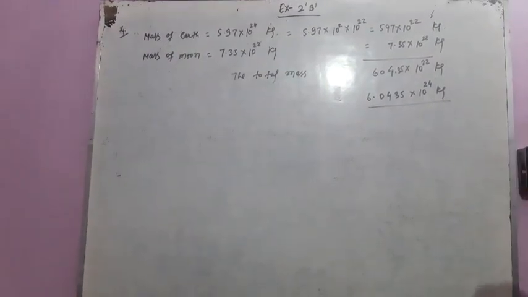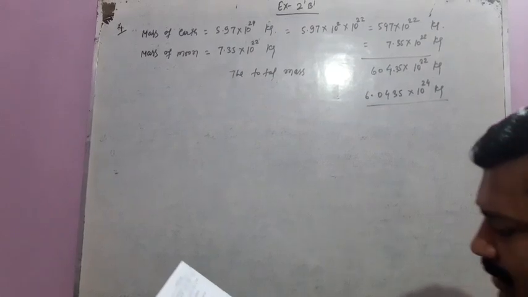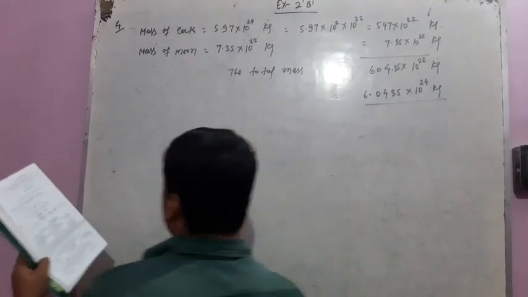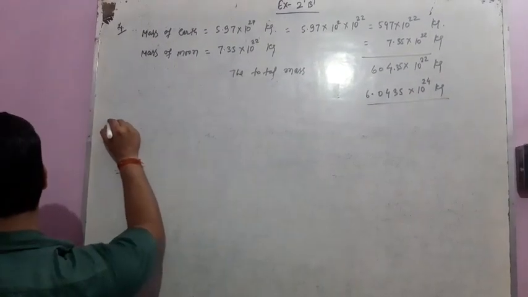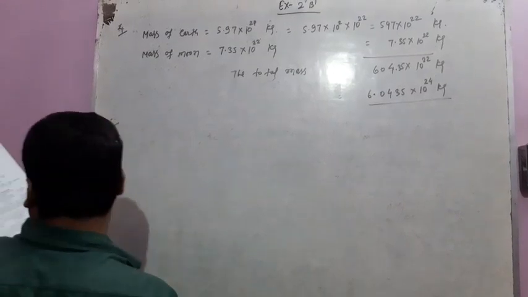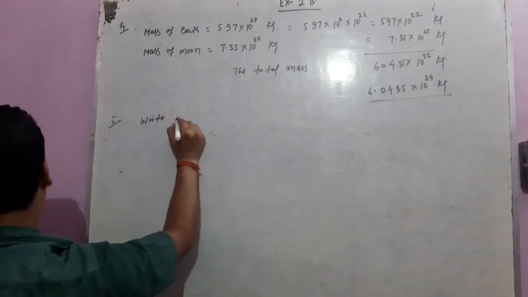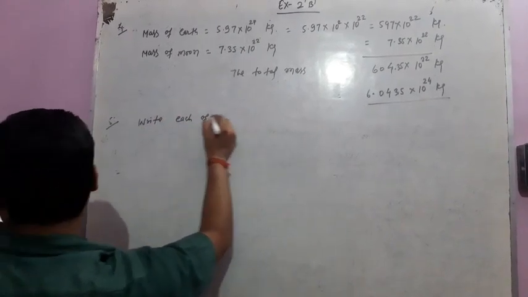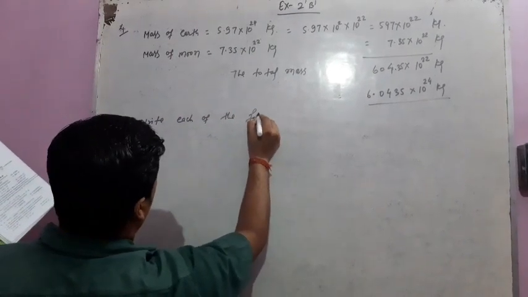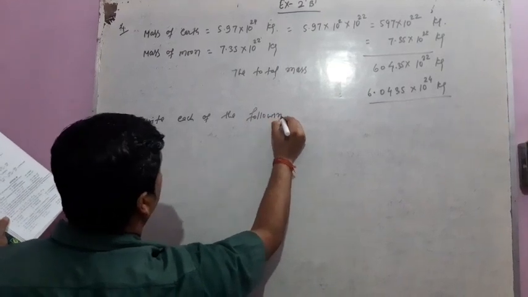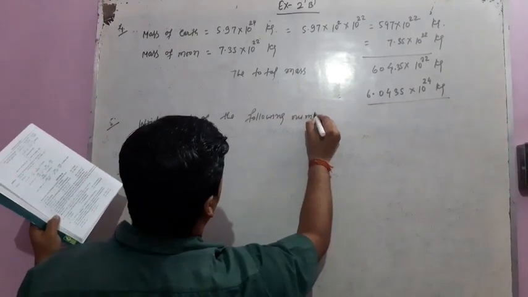Okay. Now moving on to the next question. Question number 5. Write each of the following numbers in standard form.